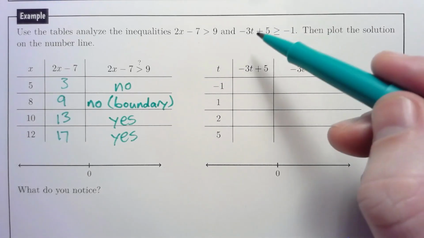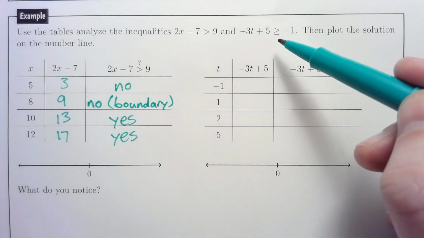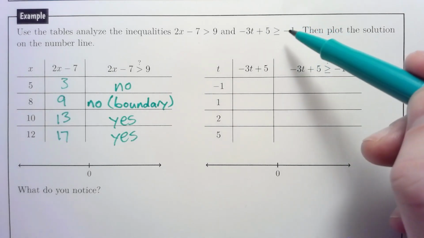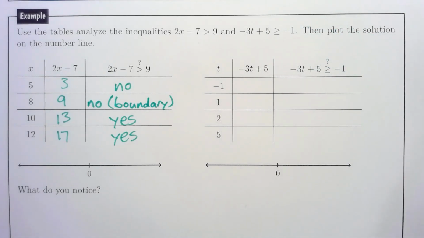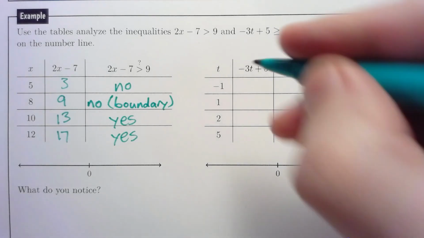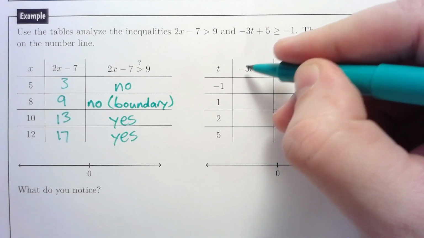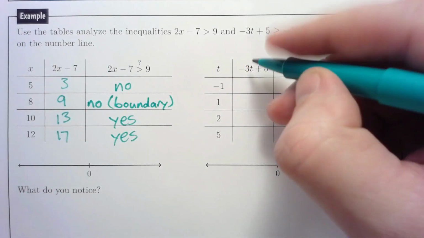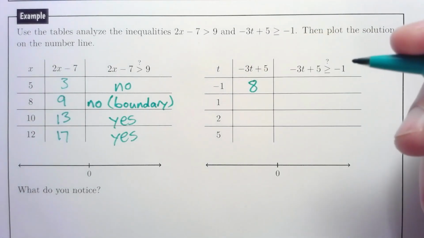Let's look at the inequality negative 3t plus 5 is greater than or equal to negative 1. So, negative 3 times negative 1 is 3, plus 5 is 8.